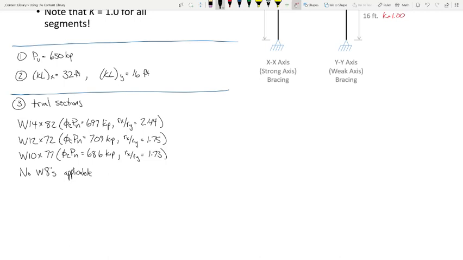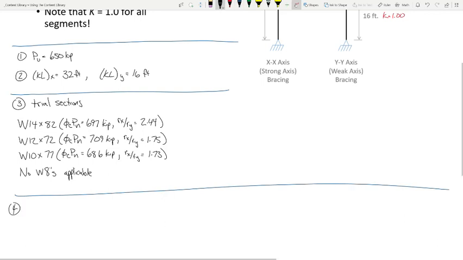So bear with me for a little bit. Let's take each of these trial sections one at a time and assess whether or not they work. So this step is verifying capacity.